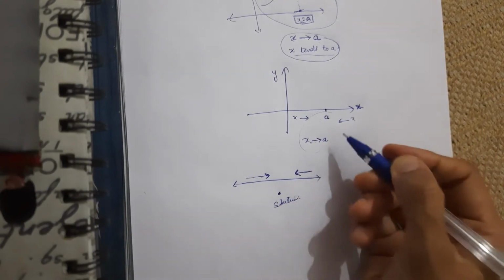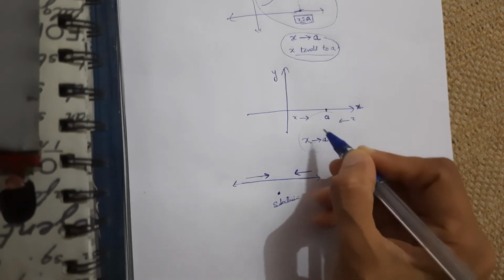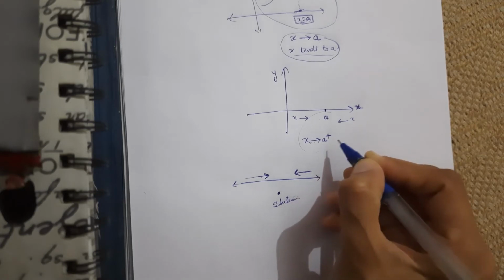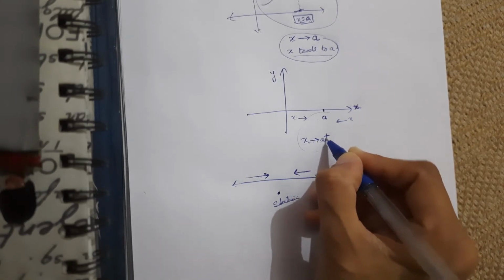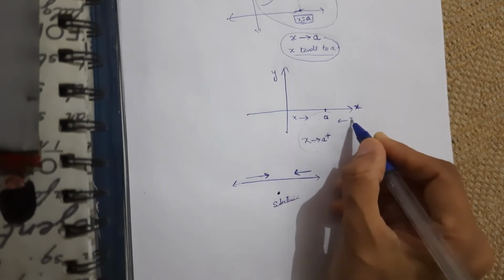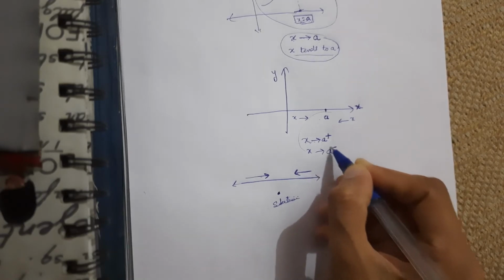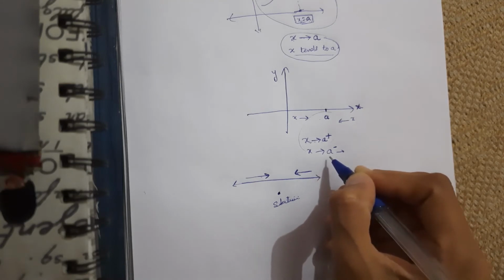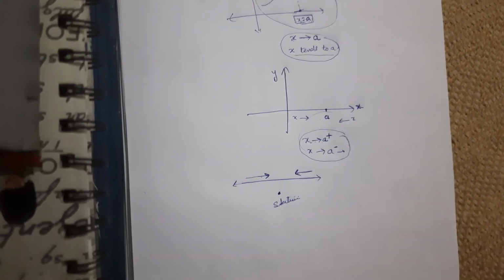Now if I particularly want x to approach A from the right hand side, then I need to write a plus sign. If I write x tends to A plus, it means x is approaching from the right hand side, and if I write x tends to A minus, then x is approaching from the left hand side. Okay, so that's how the thing is.